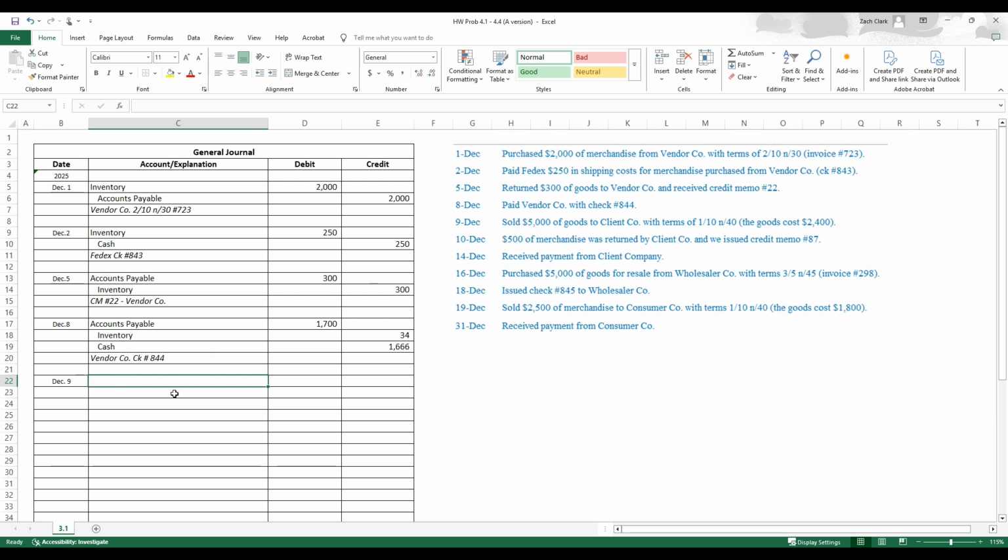So we received $5,000. Or sorry, we didn't receive the cash yet. We made the sale, and it was sold on account. We can tell it's on account because there's terms associated. So it mentions if you pay us within this many days, you can get a 1% discount. And we also see that there's some cost of goods sold. So we'll think about that here in a moment.